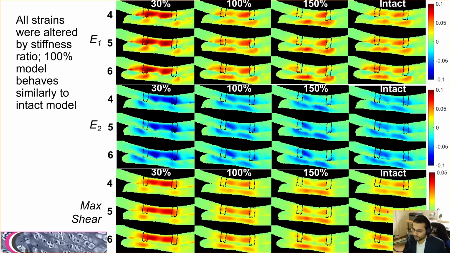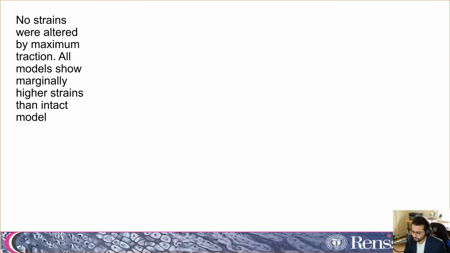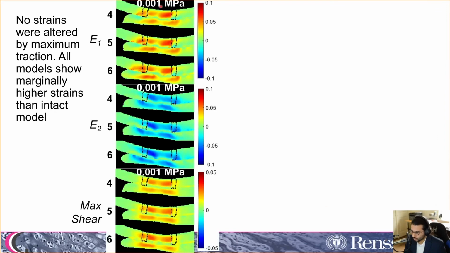But again, we're not just looking at the stiffness ratio here. We also want to look at interface strength. So by varying the strength of this repair interface here, not just this one, but all of them, we are also going to look at how that affects the strains. And with very little integration, we see that we have a certain amount of strain concentration for the first and second principal strains and maximum shear strains.